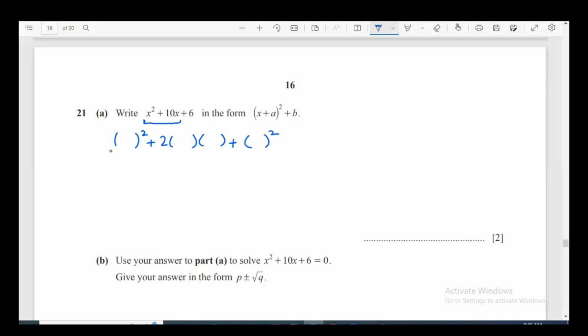But x square plus 10x has two terms and a square plus 2ab plus b square has three terms. So write down an extra term with a negative sign to eliminate this parenthesis.